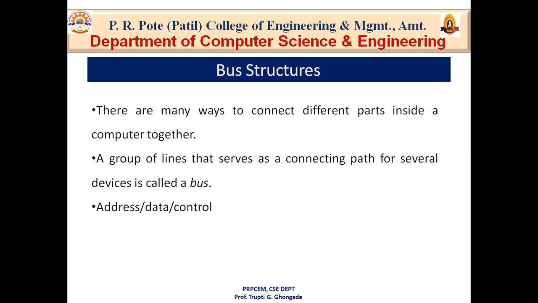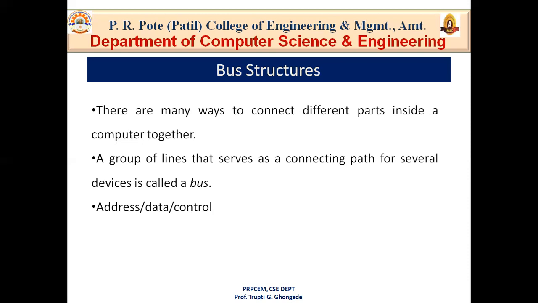So which are the functional units of your computer system? Input unit, output unit, control unit, and memory unit. These all are the hardware components of the computer. For performing various operations, they require connection and communication between them.